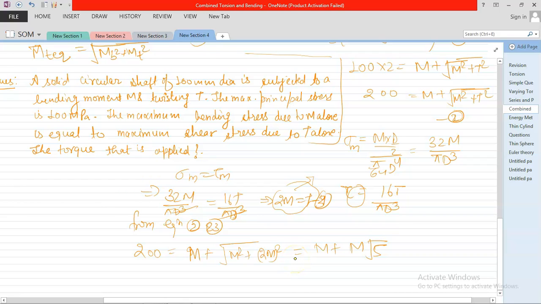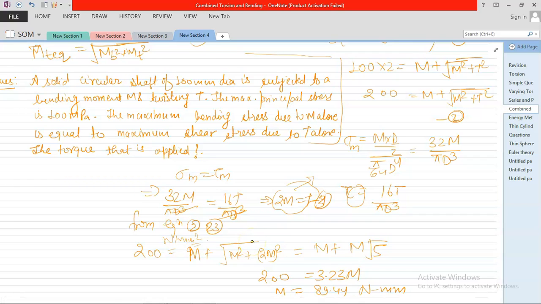It is around 2.23. Now add it with 1, it will be 3.23. 3.23 M is equal to 200. Now what is the value of M? M is 200 divided by 2.23, it is 89.44 Newton mm. It is in megapascal, so it is Newton per mm square.